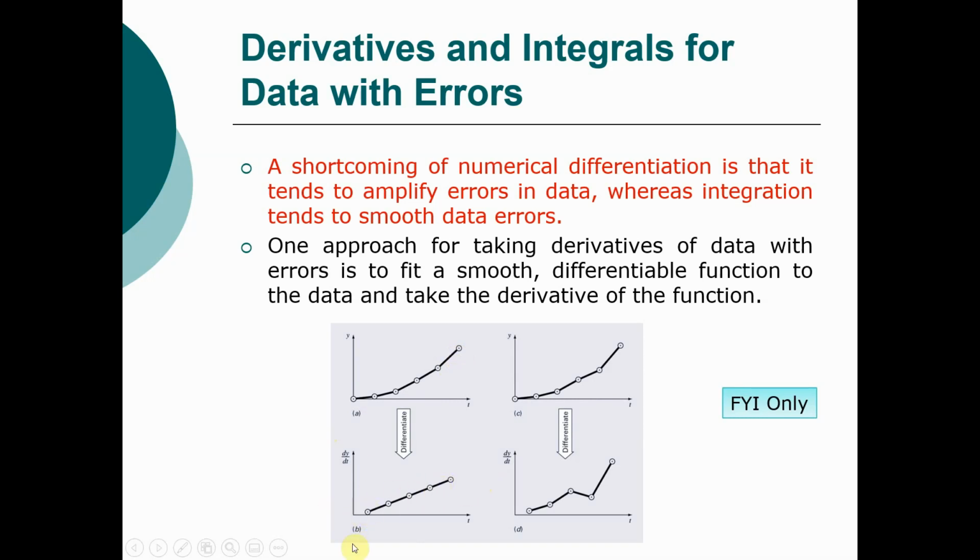It's perfect. But if your function has a small noise, you see one point is slightly higher than where it should be, right? The numerical differentiation amplifies it. You see what happens if we take the derivative of this one numerically, you see how different it becomes from what it should be. So a shortcoming of numerical differentiation is that it tends to amplify errors in data, whereas integration tends to smoothen the data errors.